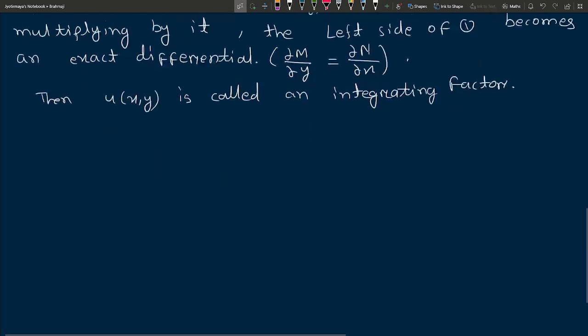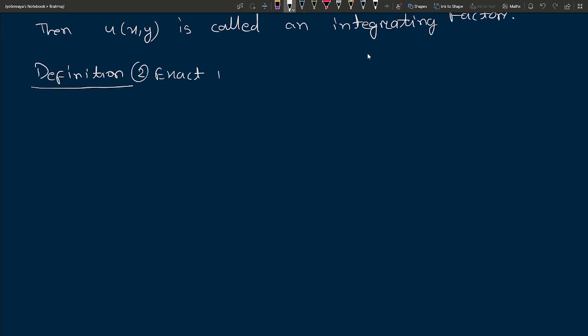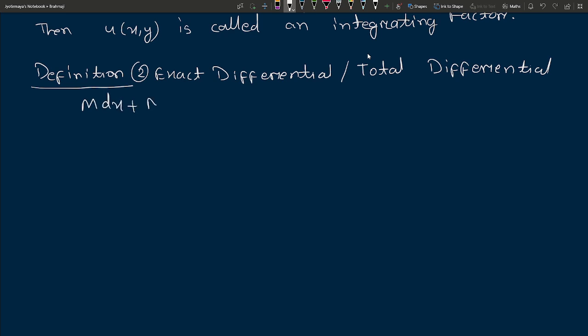Okay. And if I write a definition of exact differential, or we say total differential, in this case your M dx plus N dy will become a d of some function.